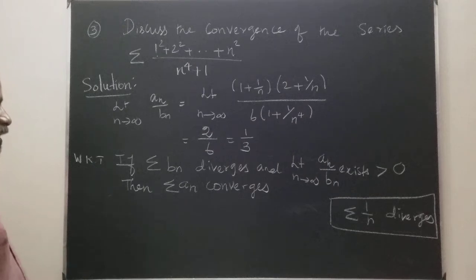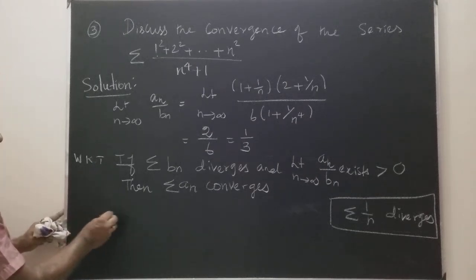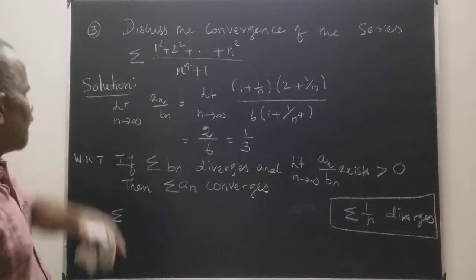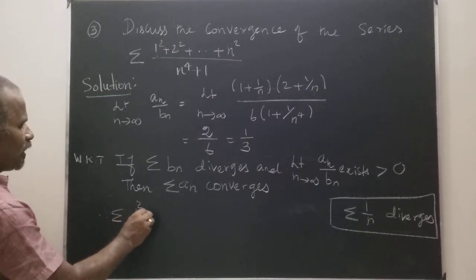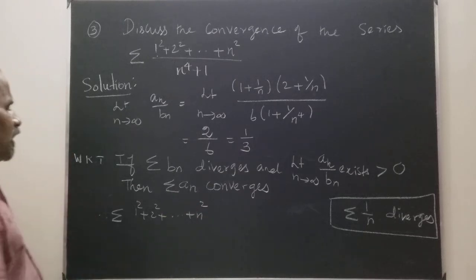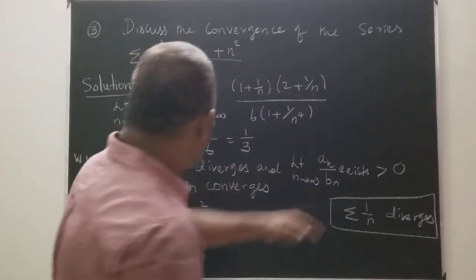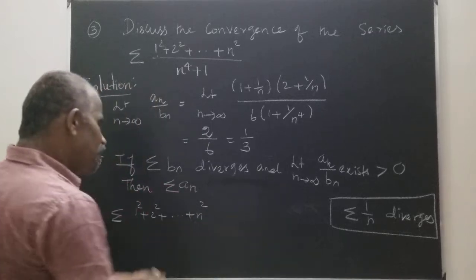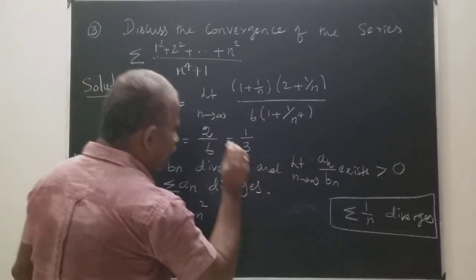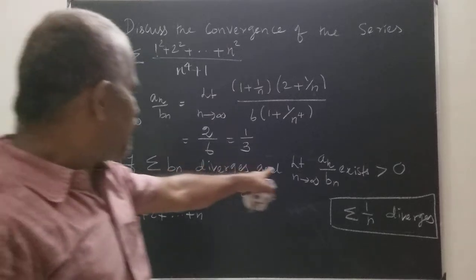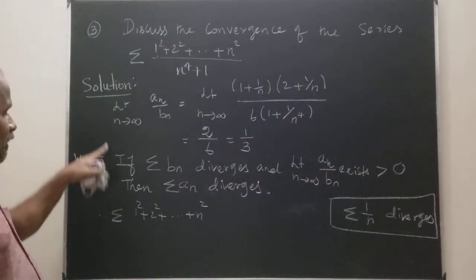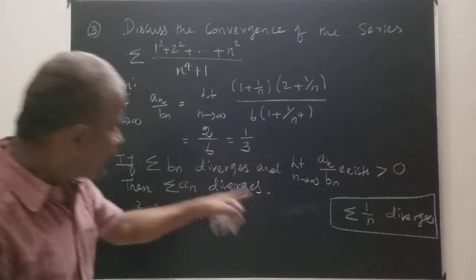So therefore immediately we can say that sigma an, what we have taken as an, sigma (1 square plus 2 square plus etc. plus n square). So the statement is: sigma bn diverges, the limit exists and is greater than 0, then by the famous result, sigma an diverges.